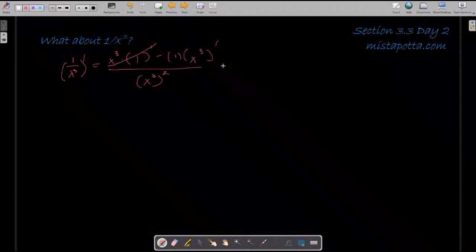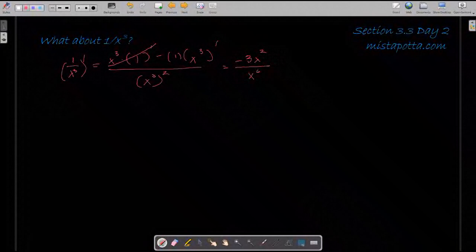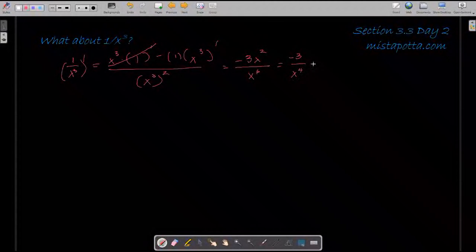So this ends up being the opposite of 3x squared over x cubed times x cubed, which is x to the 6th. And so I've got negative 3 over x to the 4th, but I really want to write this as negative 3 times x to the negative 4th power.